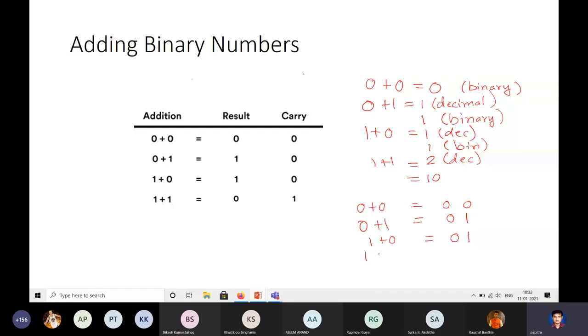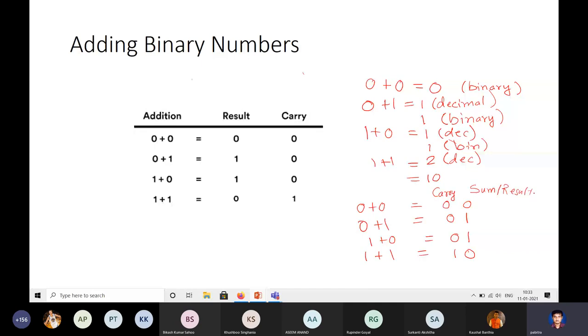Okay, so these are the corresponding two-digit numbers. Since now I have two digits, I represent them by two names. The first digit I call carry, and the second digit I call sum, or result.